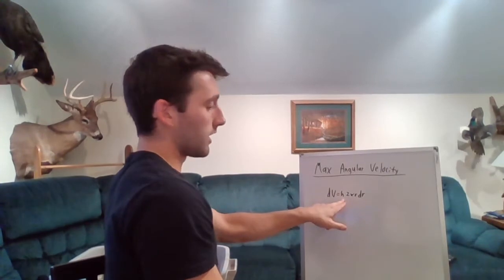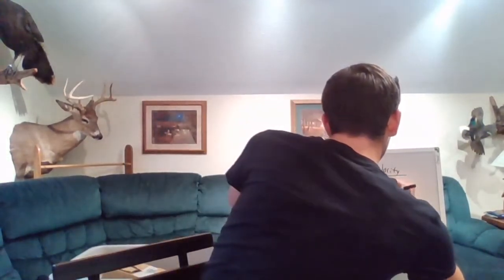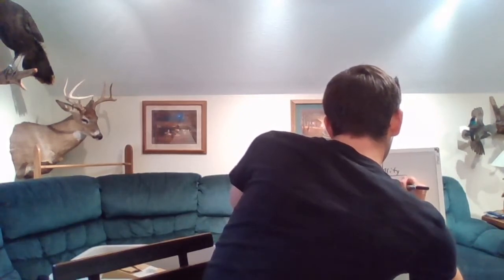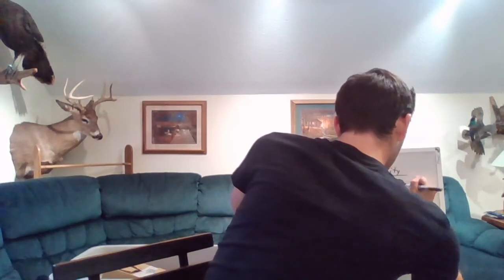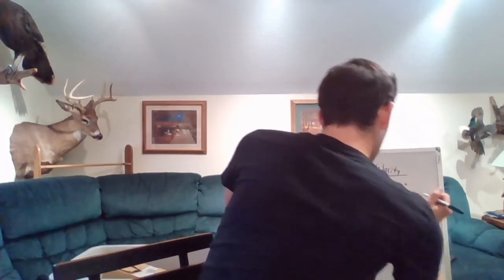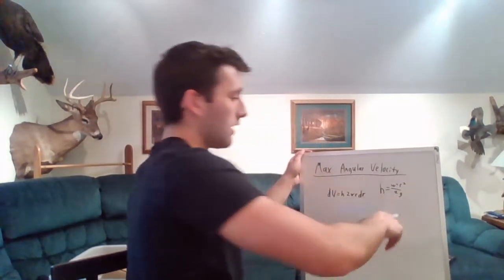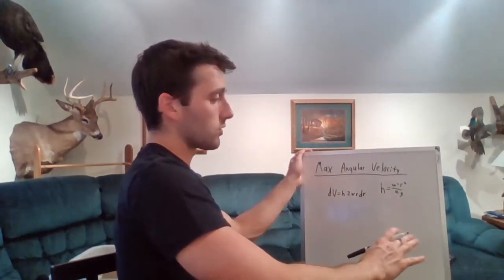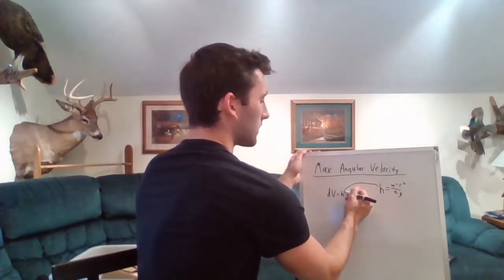So right here we have this little h. And if you remember earlier, we got this equation: h equals w squared r squared over 2g. So what we can end up doing is plugging this h in.